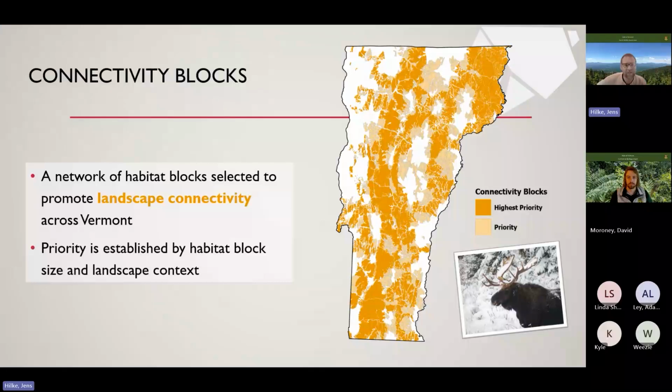But there are also some smaller stepping stone blocks that were selected as highest priority for connectivity. You'll also see that these areas connect out into the Champlain Valley, Missisquoi, and so forth, to places of diversity in the geological landscape that I'll explain in a second. So connectivity blocks really gets at this backbone of wildlife movement across the whole state.